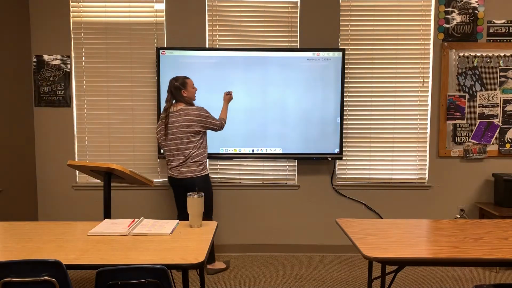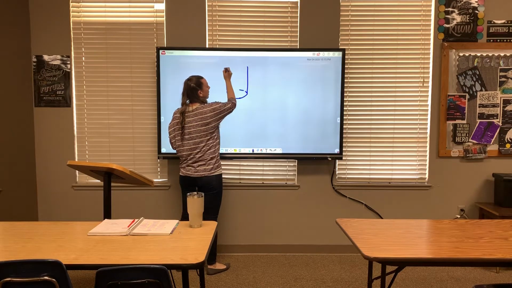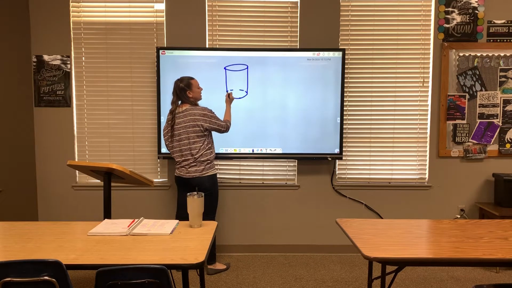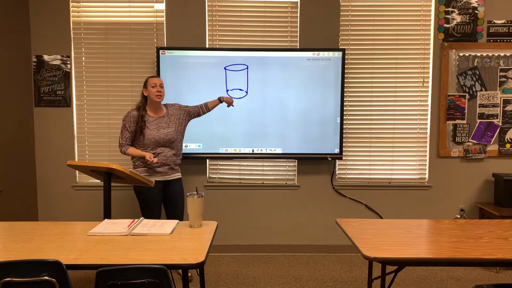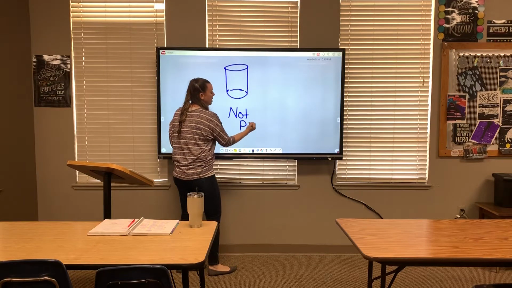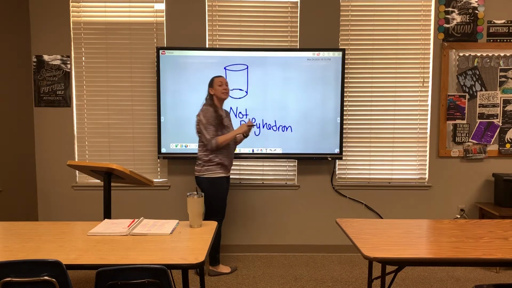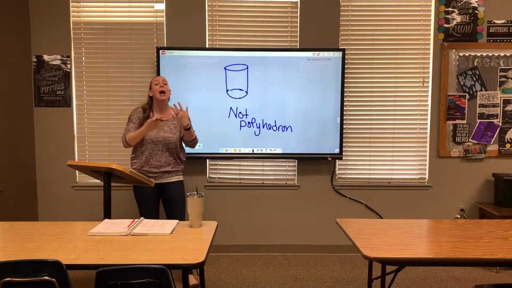If I have something like this, and I'm given a cylinder, is it a polyhedron? No, it's not a polyhedron. So I can't even give the numbers of faces, edges, or vertices because I don't have any.